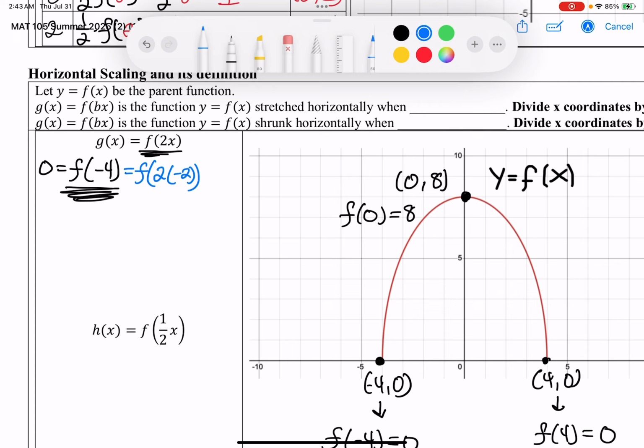And in this case, the x is going to equal negative 2. And this is g of negative 2, because g of x equals f of 2x. So that means g of negative 2 equals 0. So that's going to be the point of negative 2, 0.